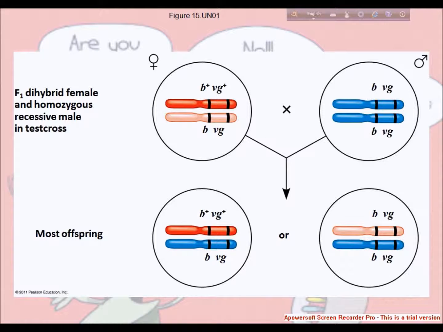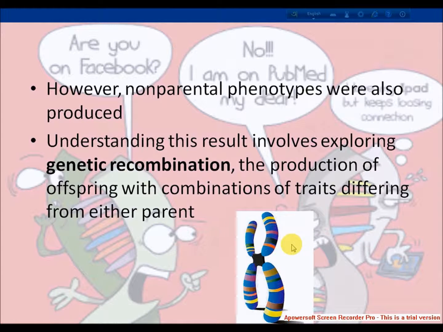In the test cross of an F1 dihybrid female and a homozygous recessive male, the offspring produce this. However, the non-parental phenotypes were also produced. Understanding this result involves exploring genetic recombination, the production of offspring with combinations of traits differing from either parent.